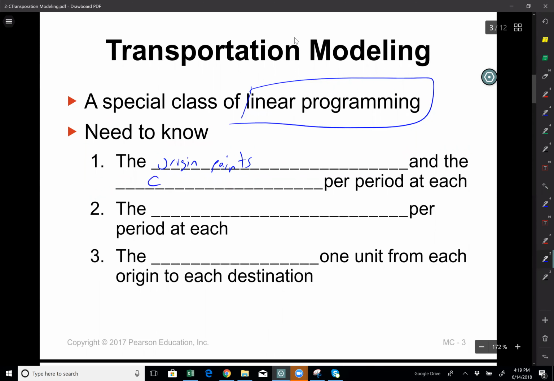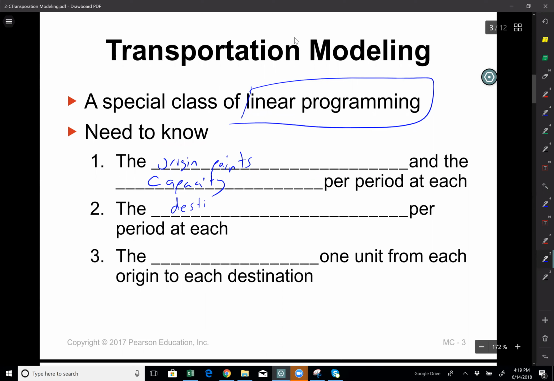The destinations and the demand per period at each node need to be known as well.